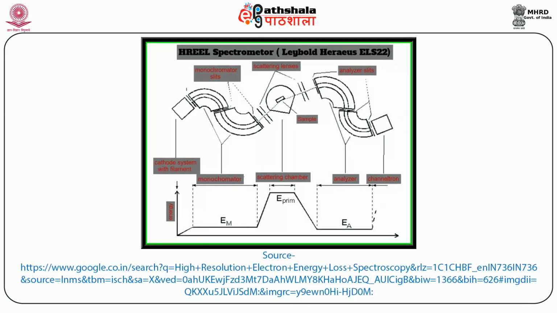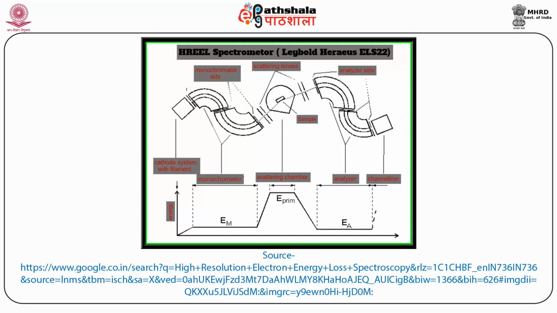Schematic diagram of this: the spectrometer used is labeled HREELS ELS22 model with two double 127 degree deflectors. The drawing shows the setup and a diagram of the kinetic energy of the electrons in the different parts of the spectrometer.